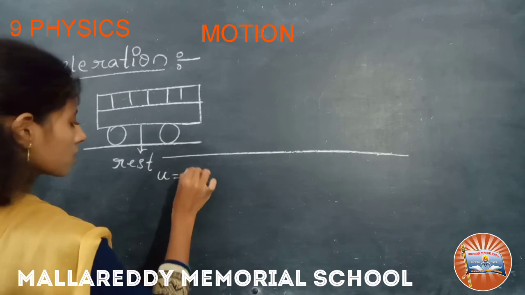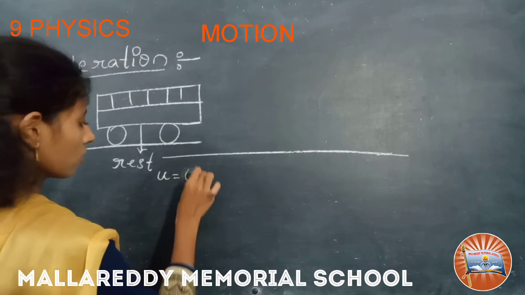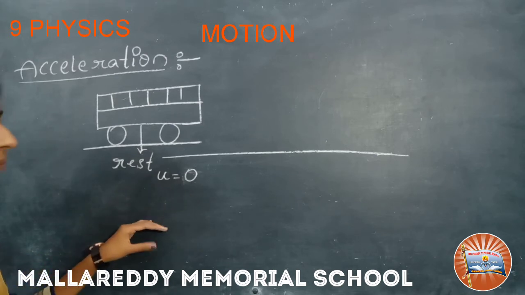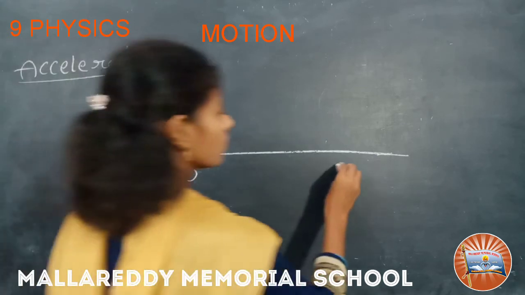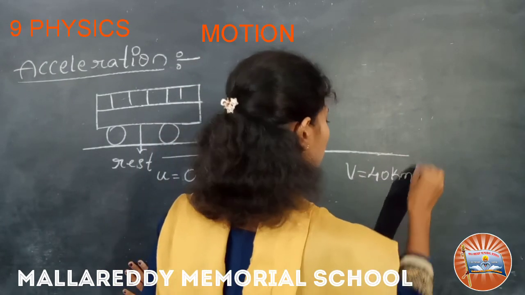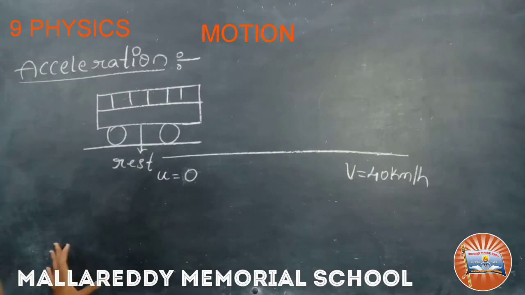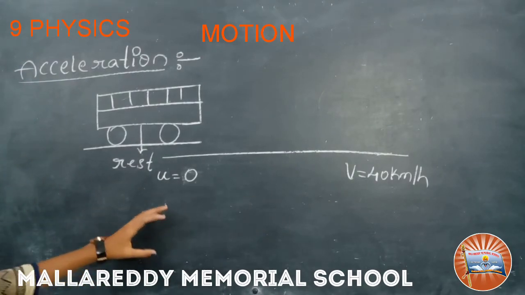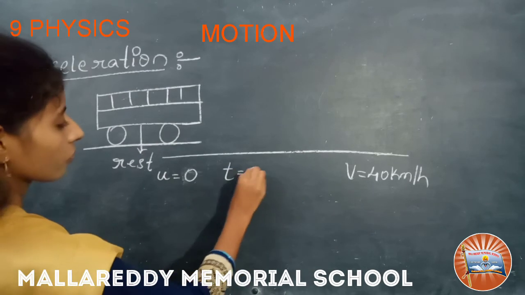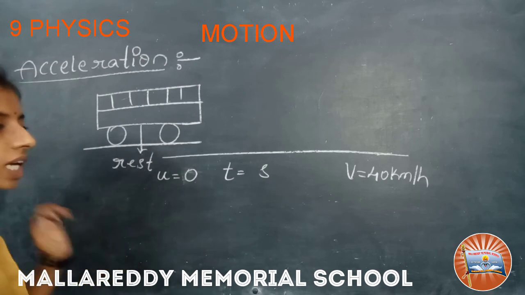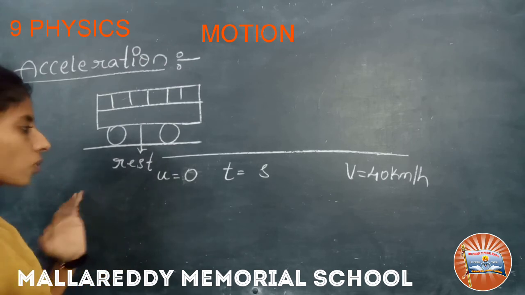So here it is at rest, and we take the initial point as 0. After some time it travels to 40 km per hour in a time of 10 seconds. Now we have to calculate the acceleration of this bus.